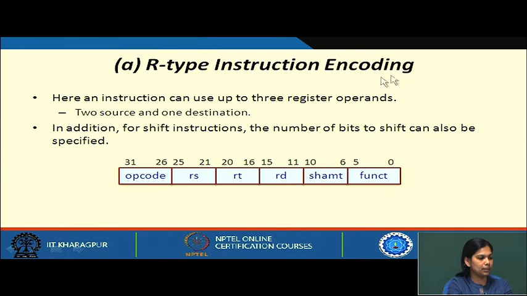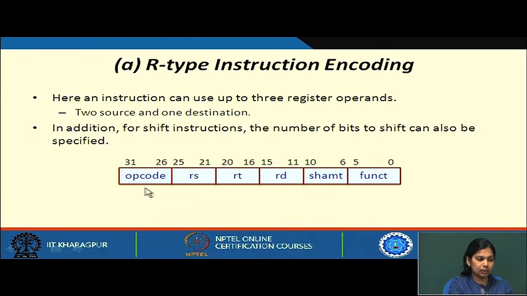Let us first see R type instruction encoding. Here an instruction can use up to 3 register operands. So, there will be an opcode, 2 source registers RS and RT, and 1 destination register. As you know, there are 32 registers in total, so 5 bits will be specified for each.